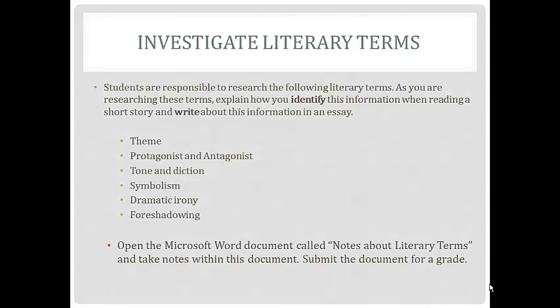As you're researching these terms, I really want you to understand and make your own little notes. Explain how you would identify this information when you're reading a short story, and then write about this information in an essay. So you're not going to create an essay just yet.